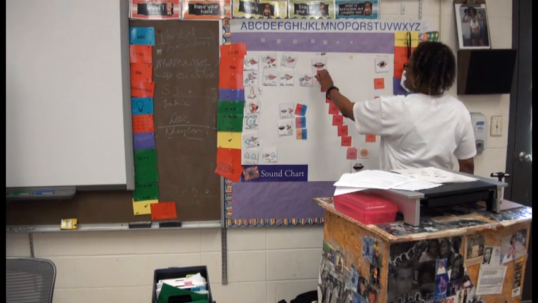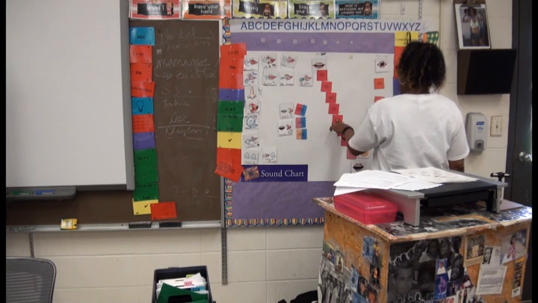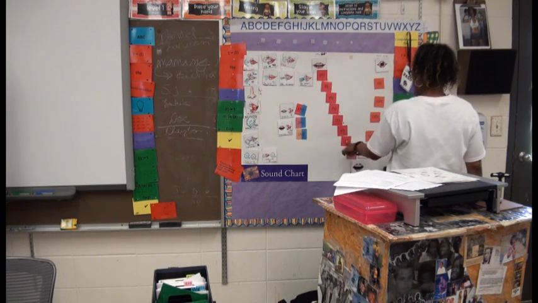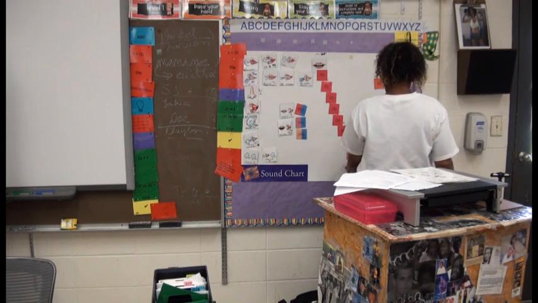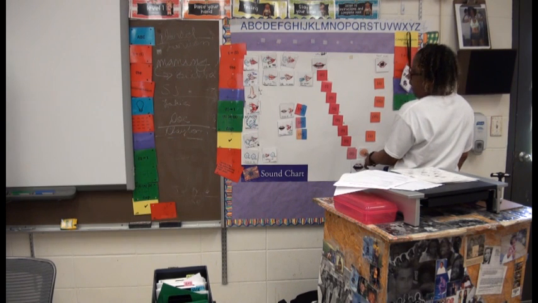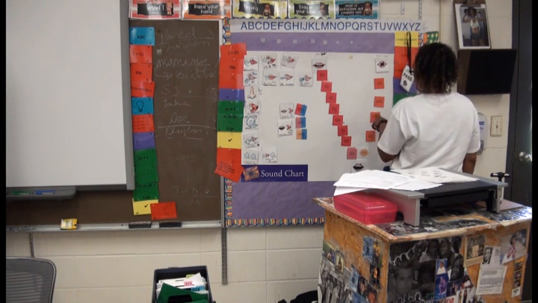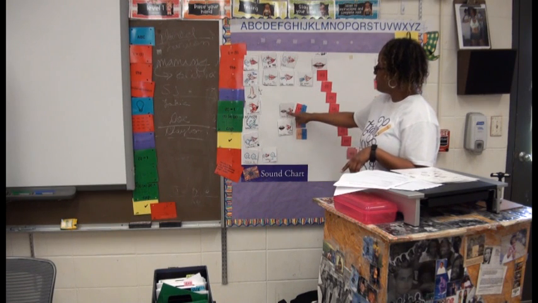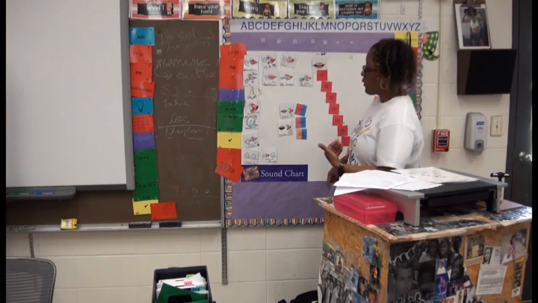We have smiling vowel, e, I, open vowel, ah, and r. And then we have round vowel, o, oo, u. And we have bossy r, and or.